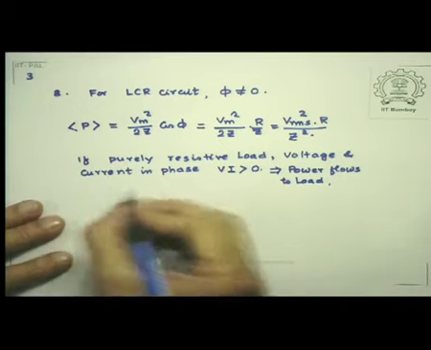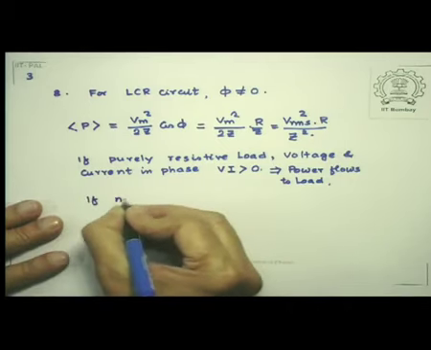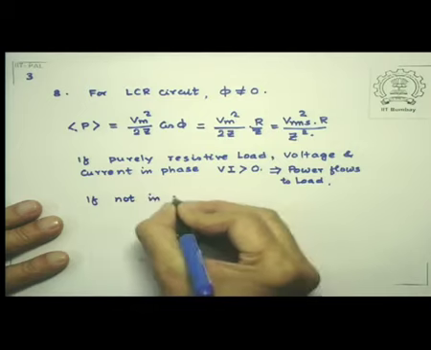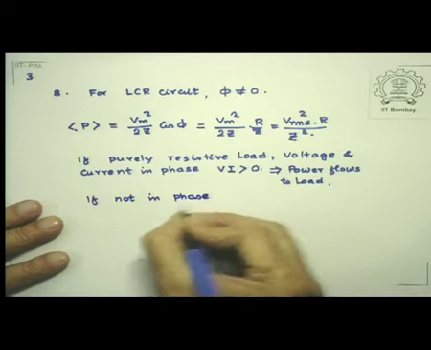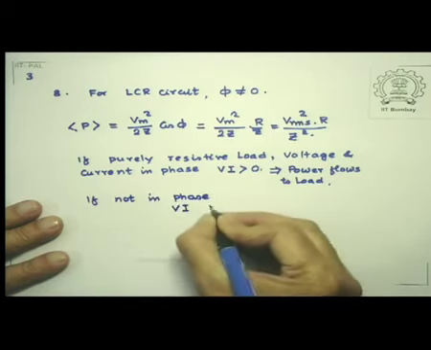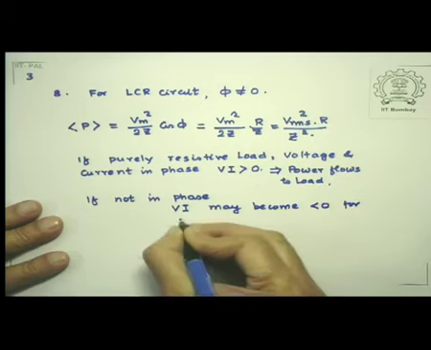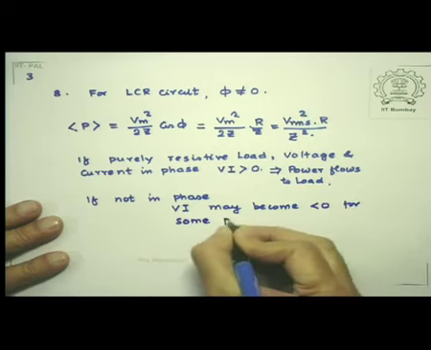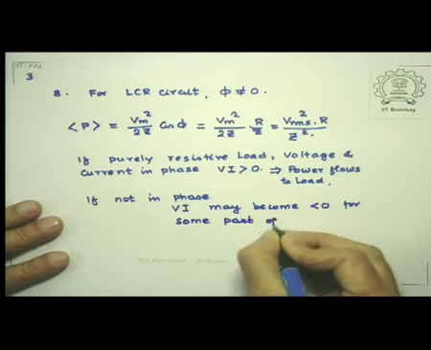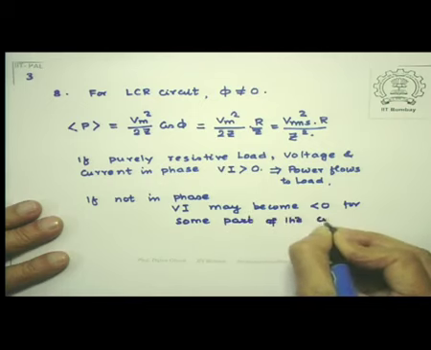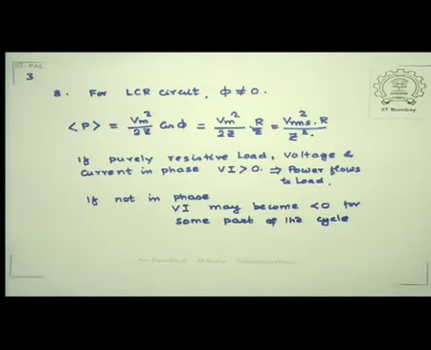So if not in phase, V times I may become negative for some part of the cycle. What does it imply? Instead of the circuit drawing power from the source, the power flows back from the circuit to the source.